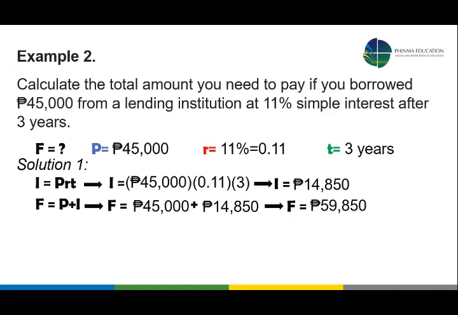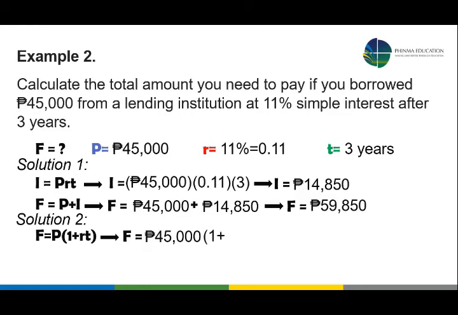59,850. The second solution will use the formula F equals P multiplied by 1 plus the product of R and T. So that would be the principal 45,000 multiplied by the quantity 1 plus the product of 0.11 and 3, which is the rate and time.